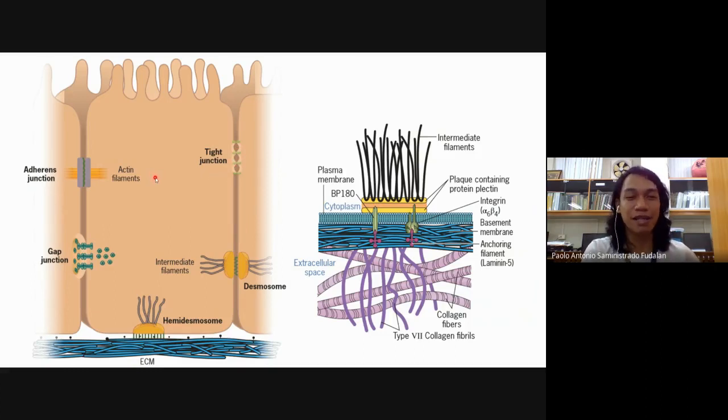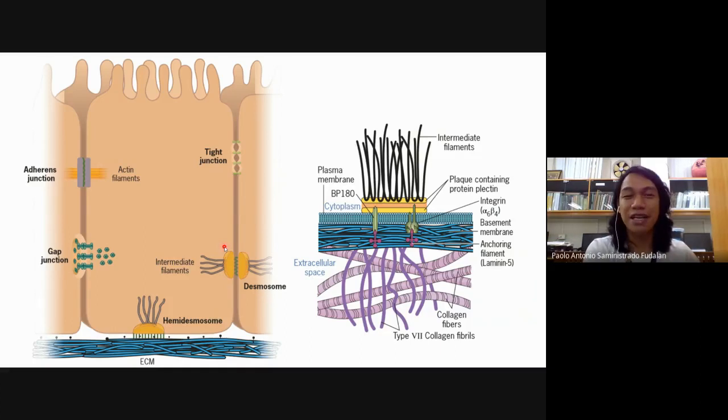Next junction, please. We have two more junctions. I'll give you a head start. These two junctions, adherens and desmosome, have the same function.